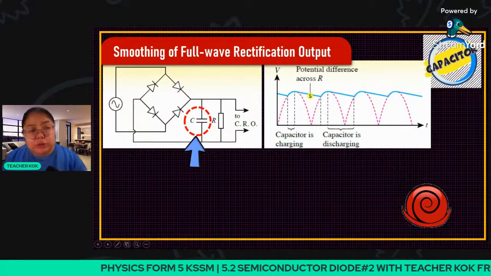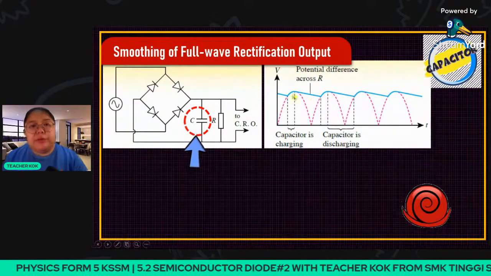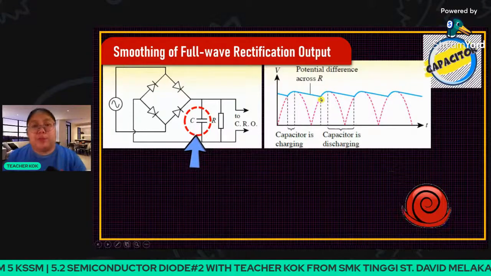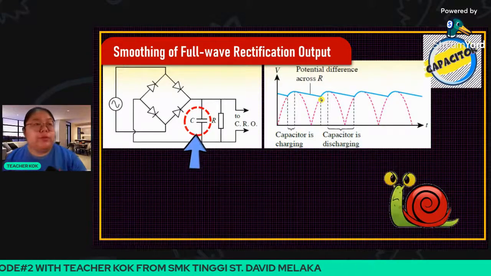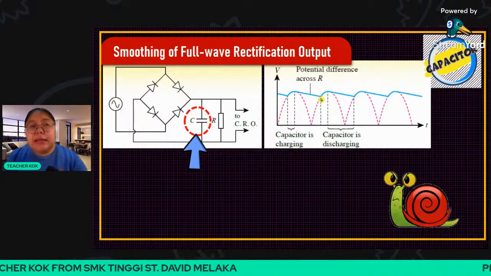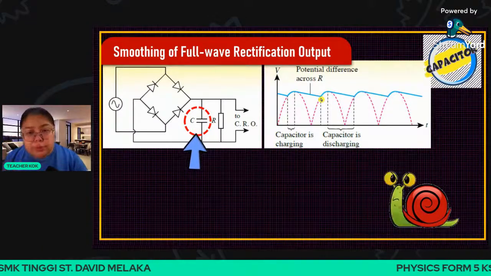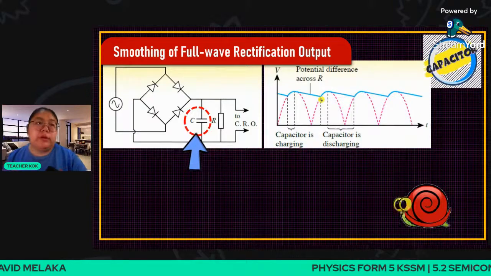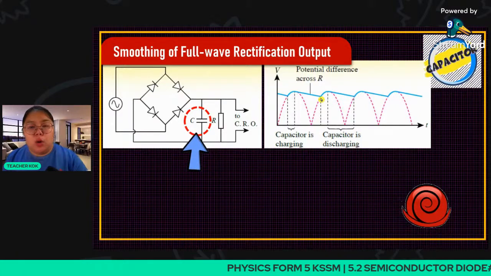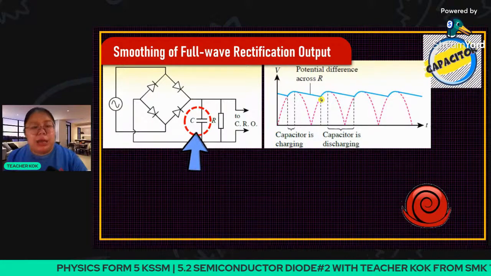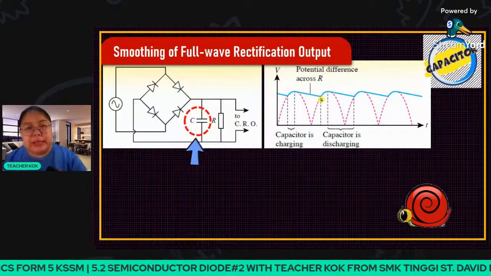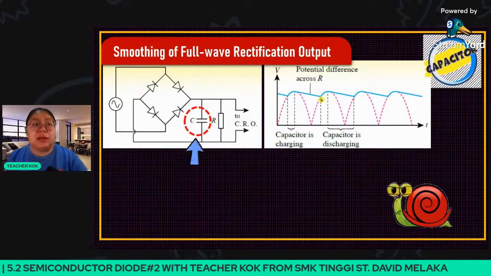That means for full wave rectification, if I put the capacitor, the whole process will be very smooth. Because when it is about to drop a little, the capacitor prevents it. They make the whole system flat. They don't want down and up, down and up. They want to make it steady, just like a steady current.